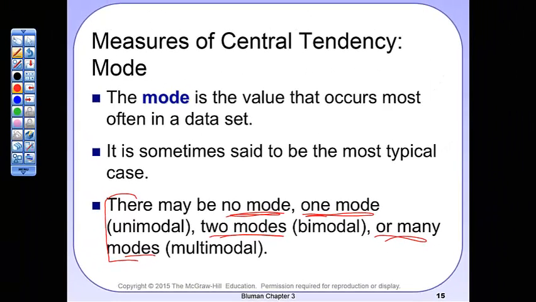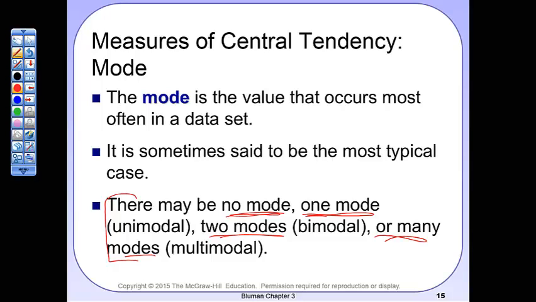For something to be considered a mode, it has to occur more often than another item in the data set. So if they all occur one time, then there's going to be no mode. If they all occur 2 times, it's still no mode. But if all of them occur 2 times and one data point occurs 1 time, then the mode is going to be everything else. So we have to take that into account.